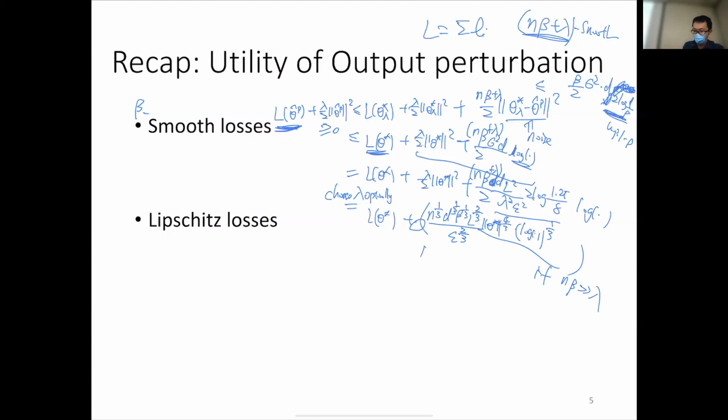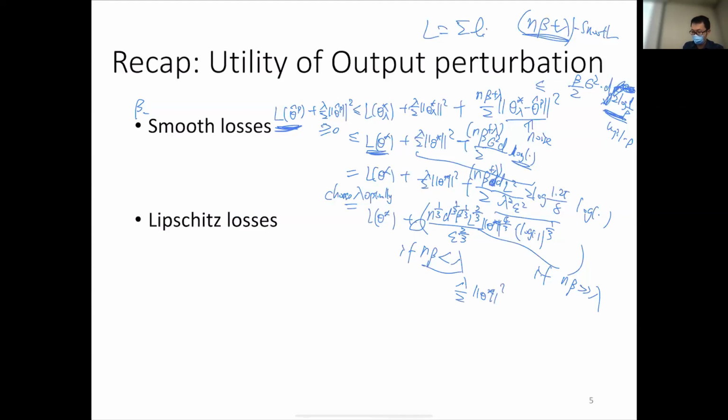What happens if n beta is smaller than lambda? Then in this case, the lambda term would dominate, and the right choice for this parameter is going to be different. When this happens, what we'll have is lambda over 2.